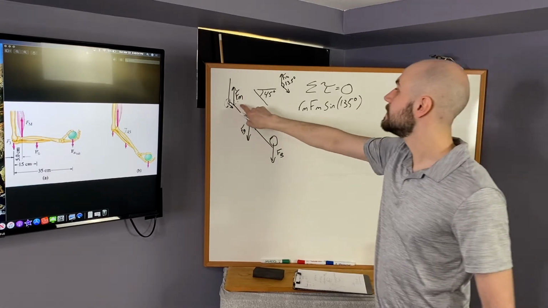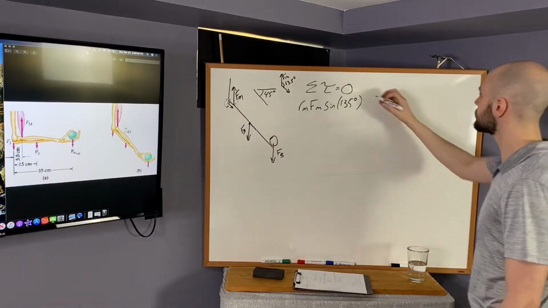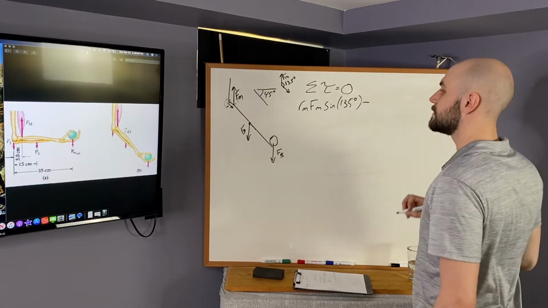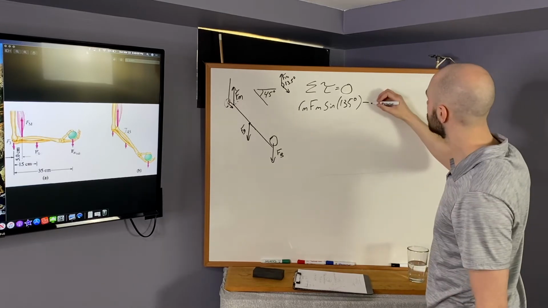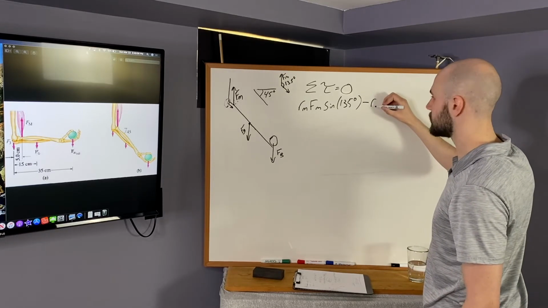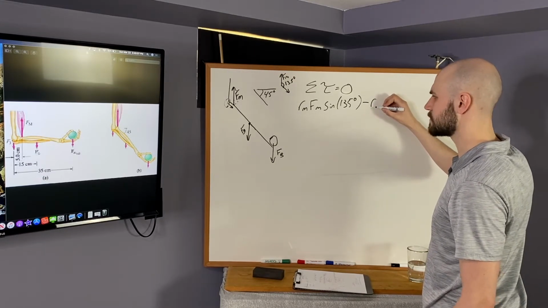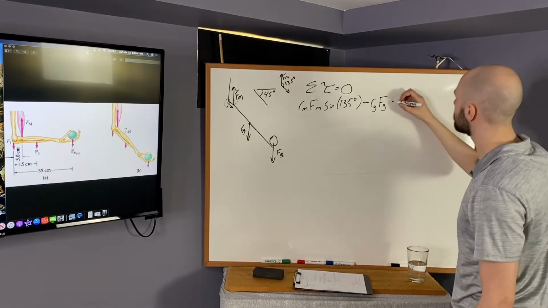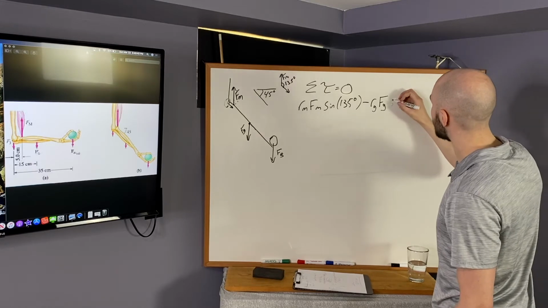Okay, so we have the muscle pulling upwards. That's going to rotate it clockwise still, so that's going to be positive. We're going to subtract off the next one because it's rotating clockwise: RG, FG, sine of the angle between the vectors.